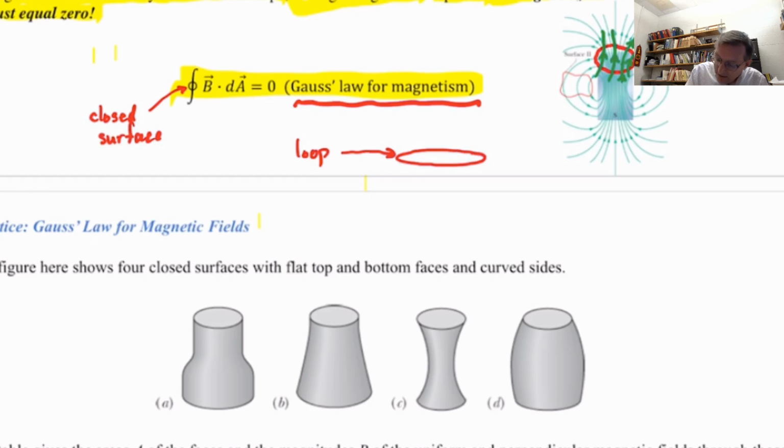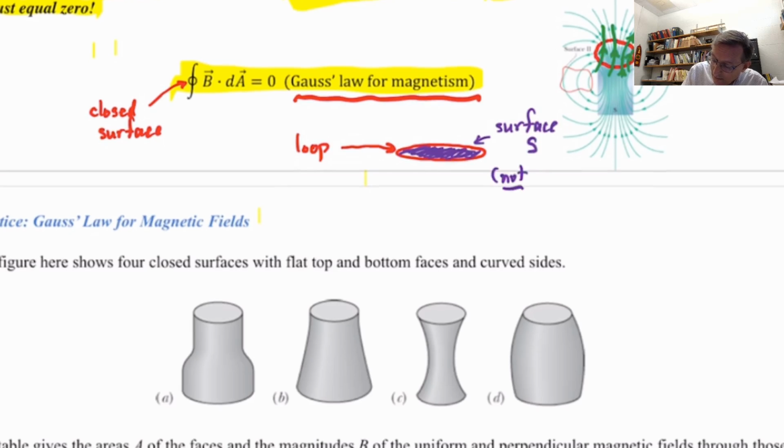We can imagine a surface bounded by that loop, S, on the inside of the loop. That is not a closed surface. Okay? That is not like the surface of a blown-up balloon. It's more like the surface of, say, a soap film that would be formed within the perimeter of the loop. It's a flat surface. It's not closed with an interior volume.